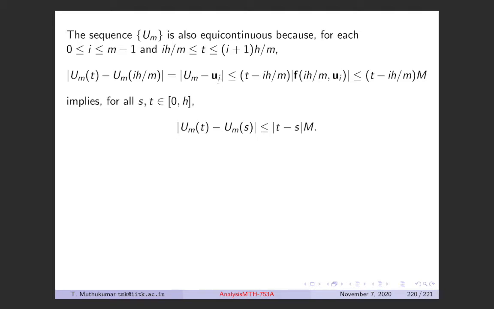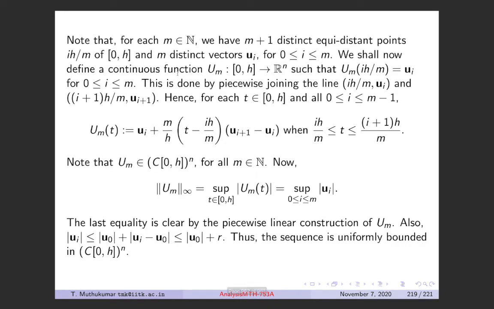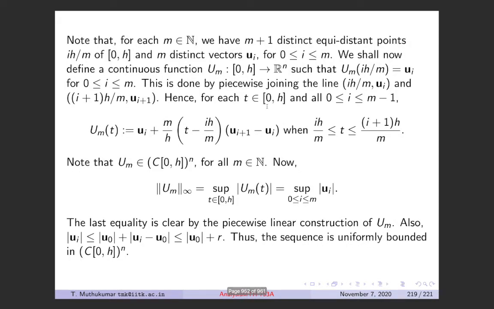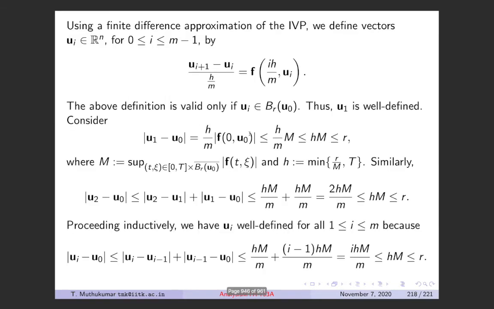Okay, and this, by this definition here, is equal to u_i in this interval, right? So what we have now is U_m(t) minus u_i, which is equal to this, right? And that's what we have said here. So this is equal to whatever is there, and that quantity is less than this, and the way we have defined u_i here, this is equal to f, right?